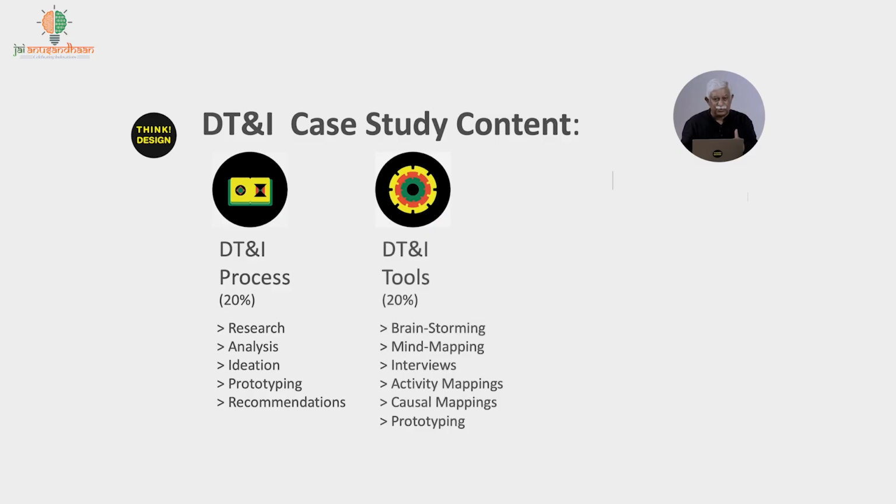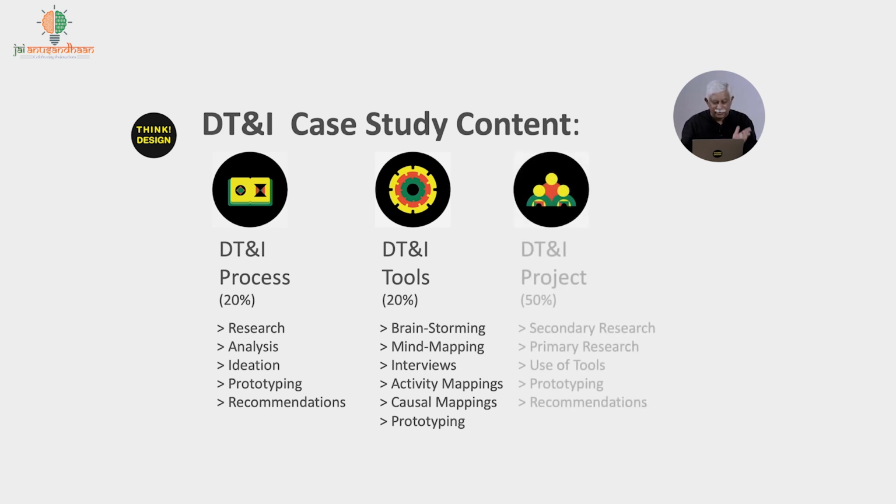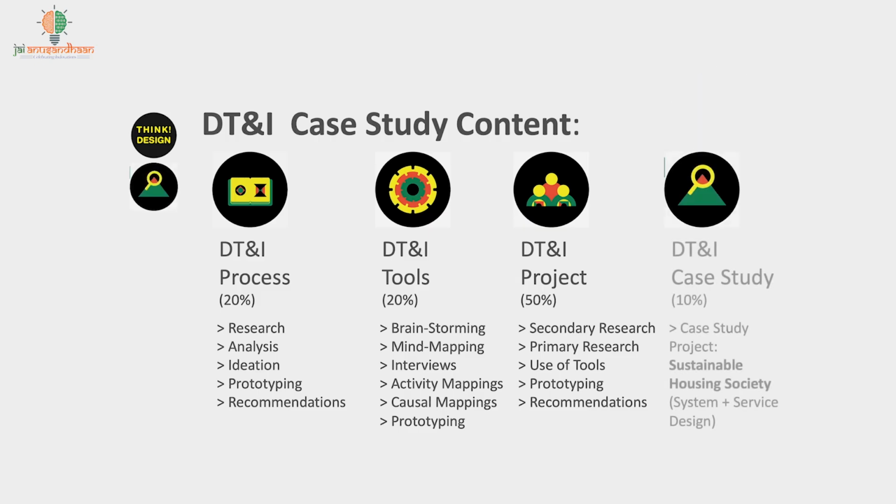It uses these tools: brainstorming, mind mapping, interviews as part of the primary research, then activities mapping, causal mappings, and then prototyping it. This is being implemented in the project, and that is the name of the project, Sustainable Housing Societies. Okay. So, it is both a system as well as service design project. I will explain.